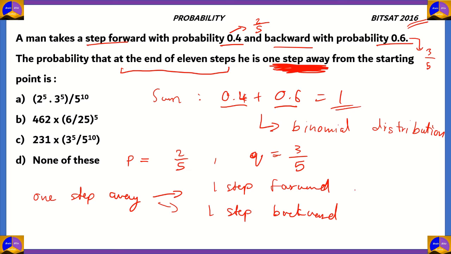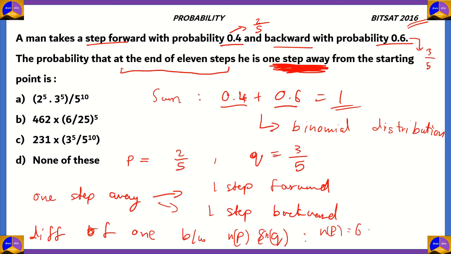Now, in order for this condition to occur, the difference of 1 must be present between the number of times P occurs and the number of times Q occurs. So that means we have n of P equals 6 and n of Q equals 5, or we can have n of P equals 5 and n of Q equals 6.